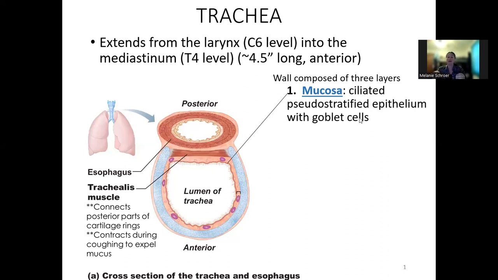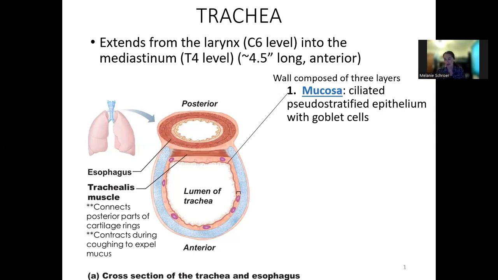And so what it's going to be doing is it's going to trap particulates that have gotten past the mucus lining of your nasal cavity and have gotten all the way down into the trachea. We really, really don't want them to get all the way down into our alveoli or the respiratory component of our lungs. And so we have yet another opportunity to trap any extra stuff and move it out of our respiratory system.